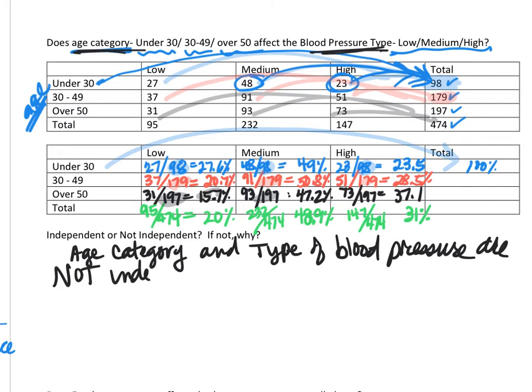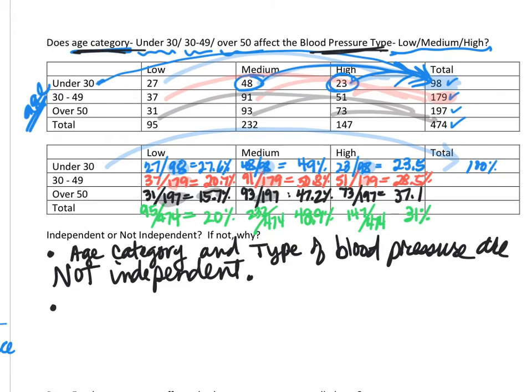Remember that you cannot say one depends on the other in this class. That implies a perfect functional relationship, and we do not have that per se. So age category and type of blood pressure are not independent of each other, which, remember, is your first statement.